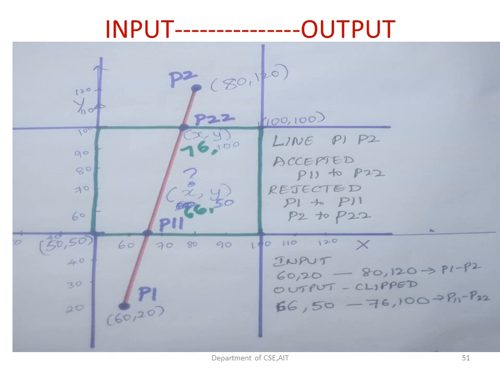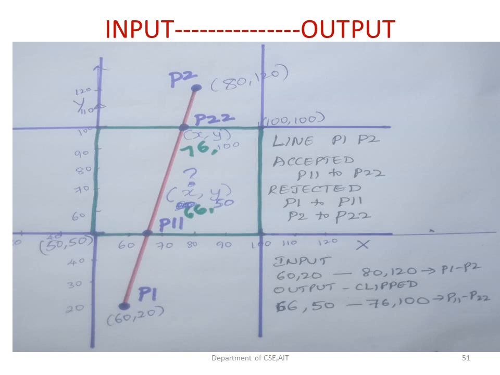Later, from P11 to P2 we are going to find the intersection point, and that is P22. For this P22 I am going to find the value of x and y. Again in this case I know the value of y because the border of the clipping window is equal to 100. I have to find the value of x, and you will see that P22 will be equal to (76, 100).